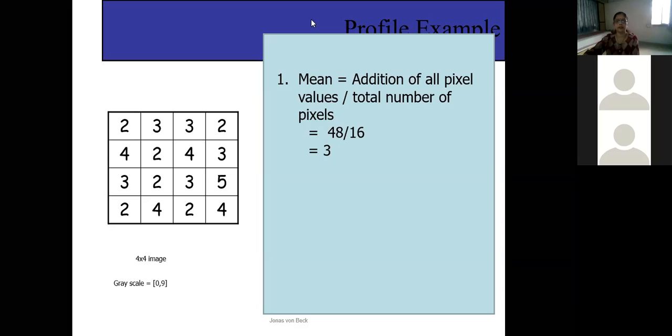So please compute the standard deviation for the given image and type your answer in the chat box. Standard deviation is nothing but the addition of the square of differences of each pixel value in the image with respect to the mean value.